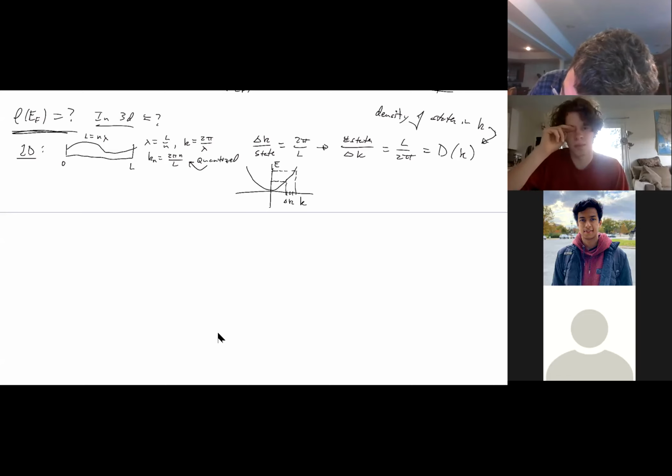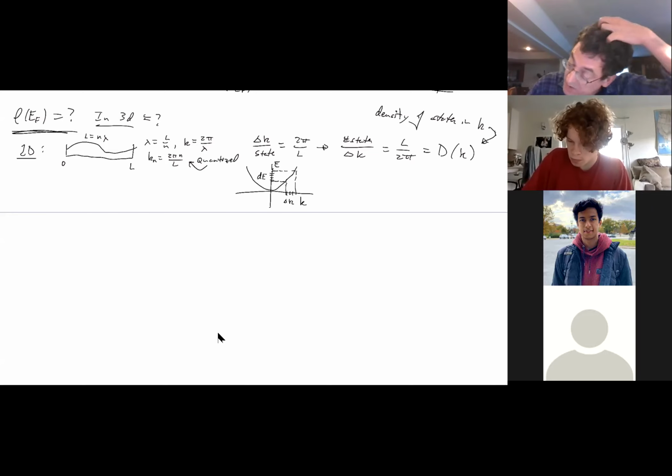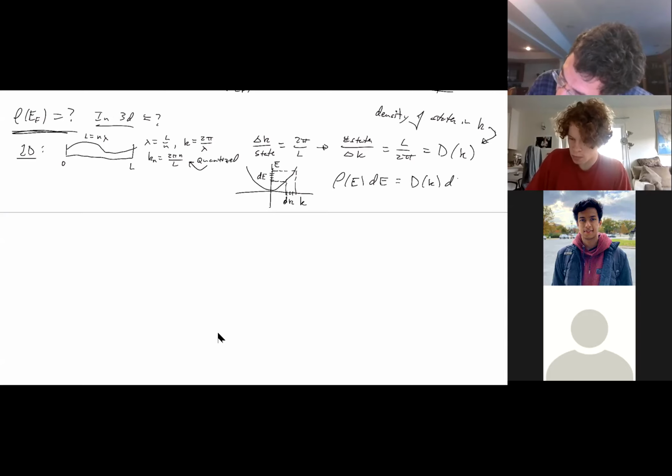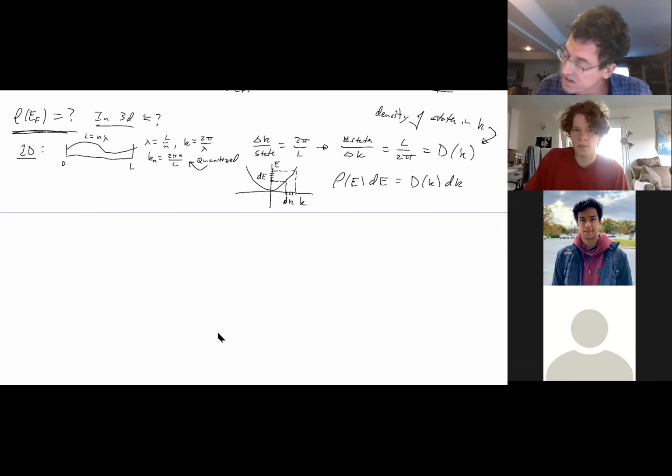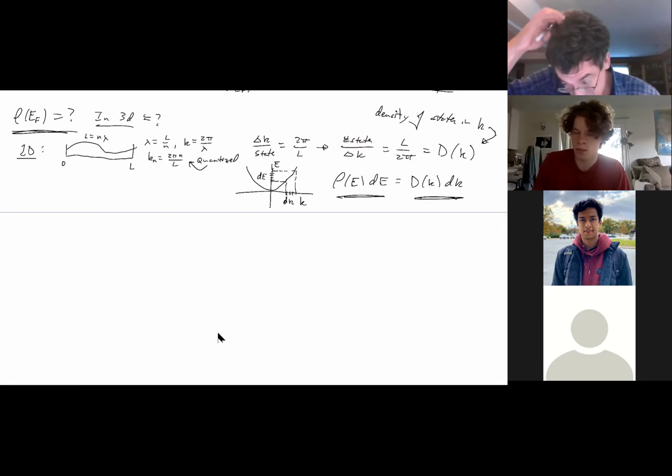This is energy, and this is some range of energy, and then there has to be a relationship. The total number of states on the energy axis is rho, the density of states, times dE, and that has to equal the total number of states on the momentum axis, because there's a one-to-one correspondence. There's a mapping from the states in momentum to the states in energy. So in my mind, this is the most important relationship, to understand that.